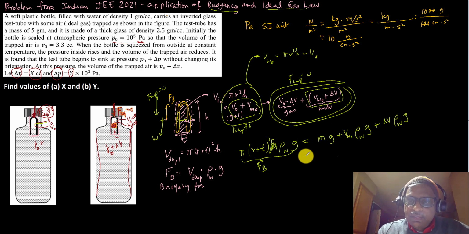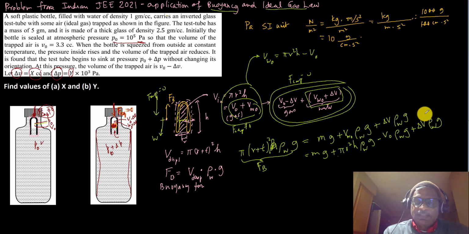So this will be mg plus pi r squared h rho w g minus V0 rho w g plus delta V rho w g. Now this is exactly the same as that, except that you have r plus t.